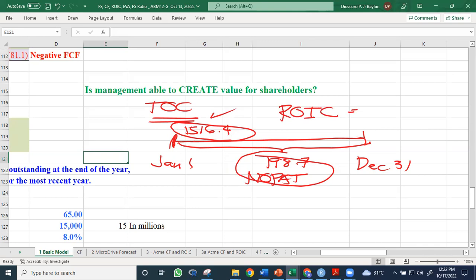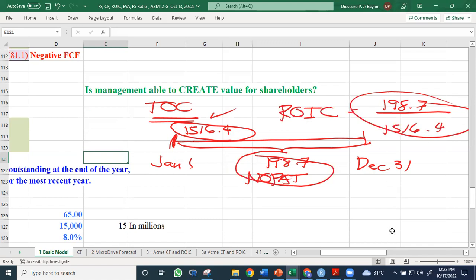Magkano yung profit na na-generate divided by magkano yung operating capital na binigay. 1516.4. This is now your return on invested capital. Yung invested capital, that was your total operating capital.